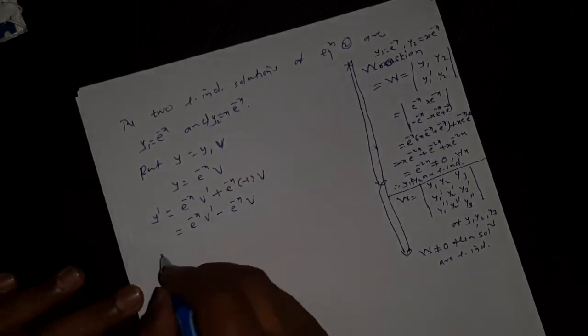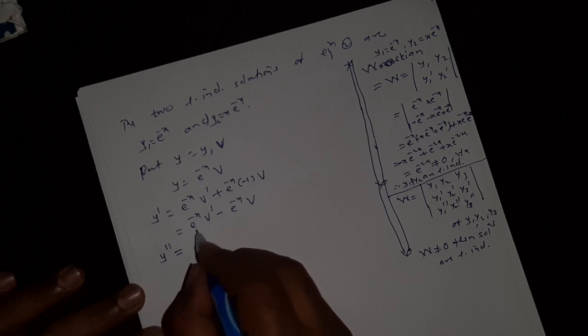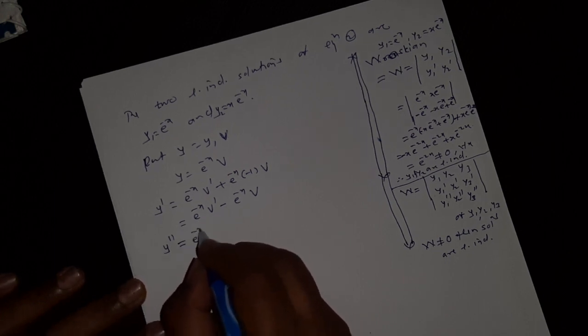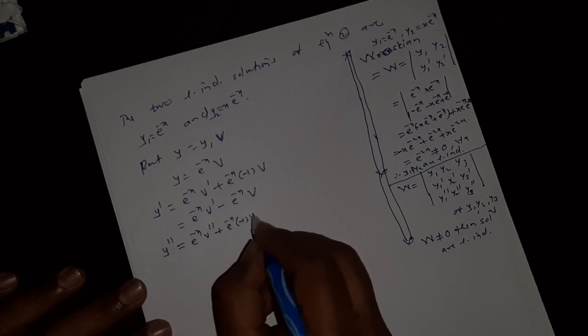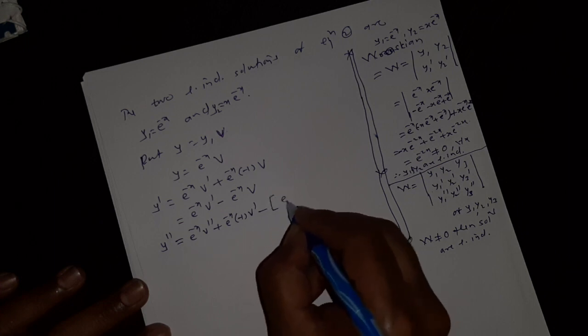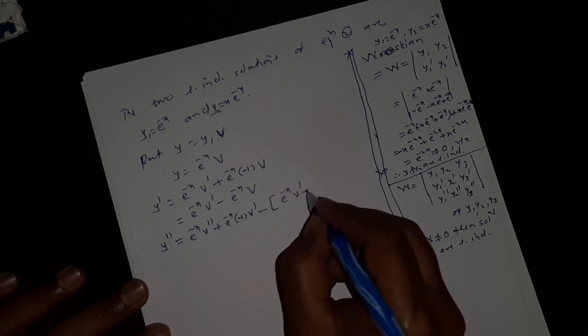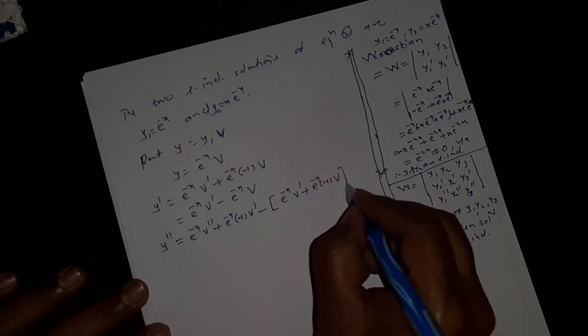And what is y double dash? Again using the u into v rule, e raised to minus x v double dash plus derivative of e raised to minus x, which is minus, in bracket e raised to minus x v dash plus e raised to minus x into minus 1 v, u into v rule for this.